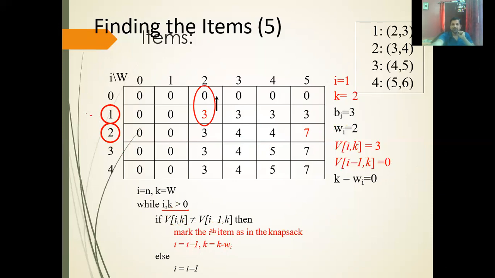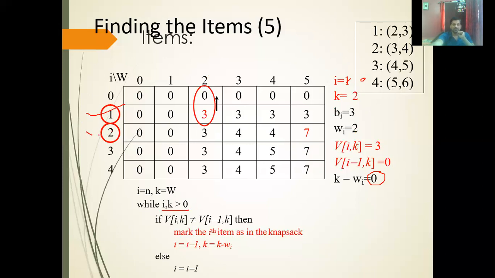It means that I have inserted item i, that is 1. Decrement i by 1, this becomes 0. K is equal to k minus wi. So wi is 2, k value is 2. 2 minus 2 will be 0. Again, come to the loop. Both should not be 0. So now k value has become 0. We should stop the iteration.